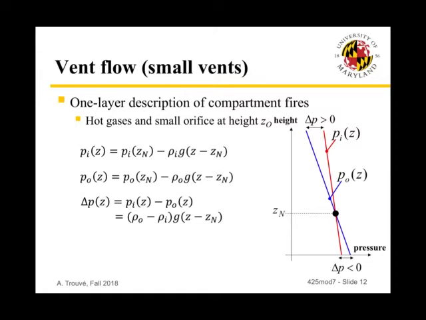So if delta P is defined as Pi minus Po, we see that delta P can be expressed as a delta rho times g times the delta Z, the Z minus Zn. The neutral plane elevation Zn is a convenient reference when you want to express delta P, because the pressure Pi at Zn is equal to the pressure Po at Zn, and so these pressures drop from the delta P expression.